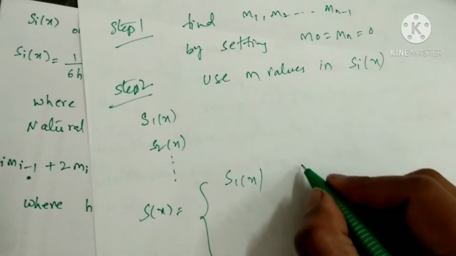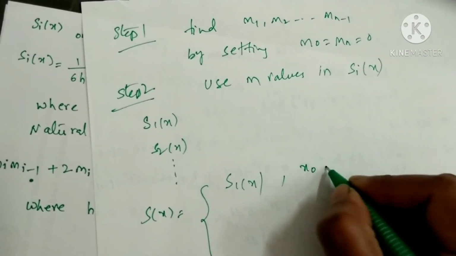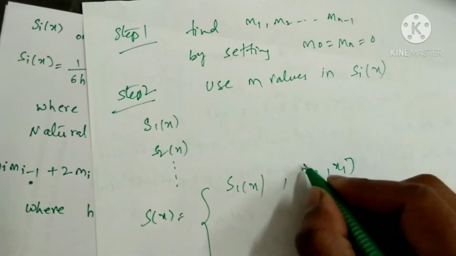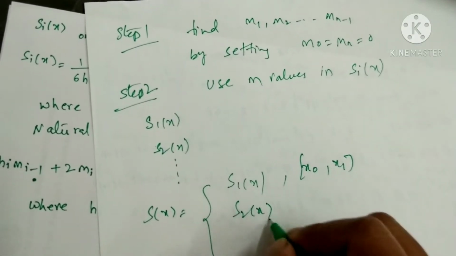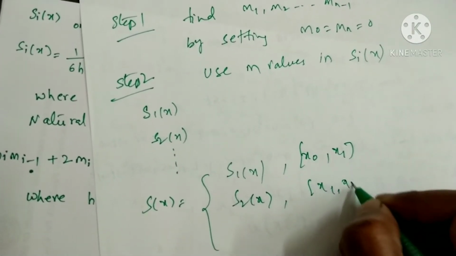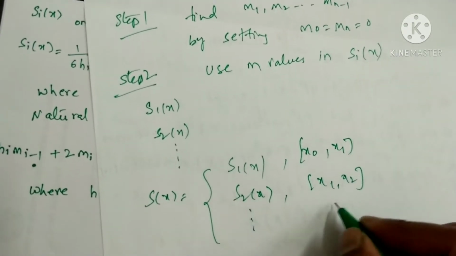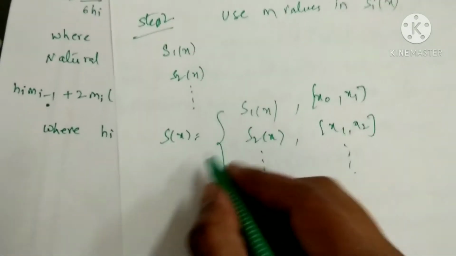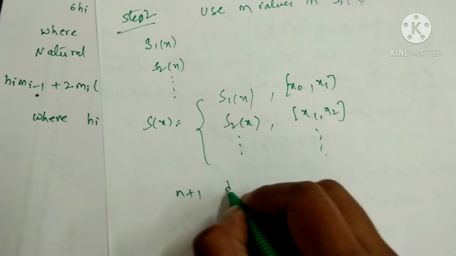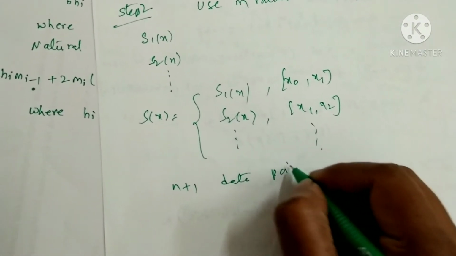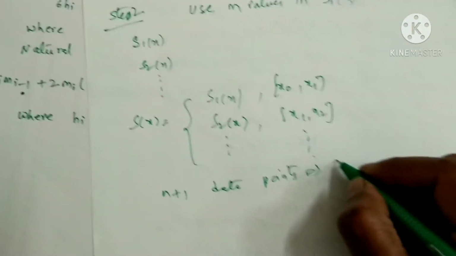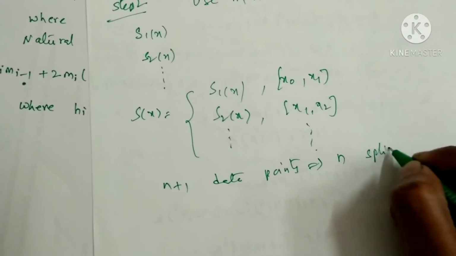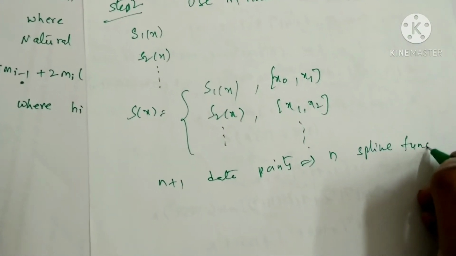So S1(x) in the interval [x0, x1] and S2(x) in the interval [x1, x2] and so on. Usually for n plus 1 data points, we will find n cubic spline functions.